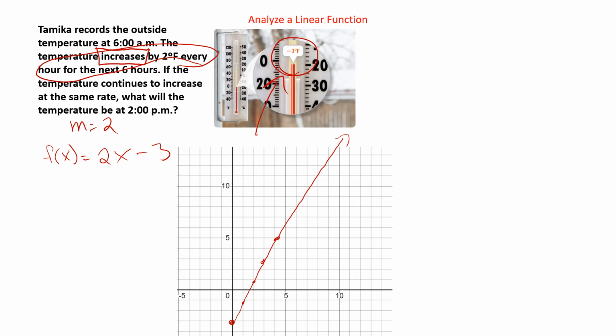We can also find what the temperature will be at 2 p.m. So we're going to have to plug in a value, but we're not going to plug in 2, because we're starting at 6, and so 2 would just be 8.